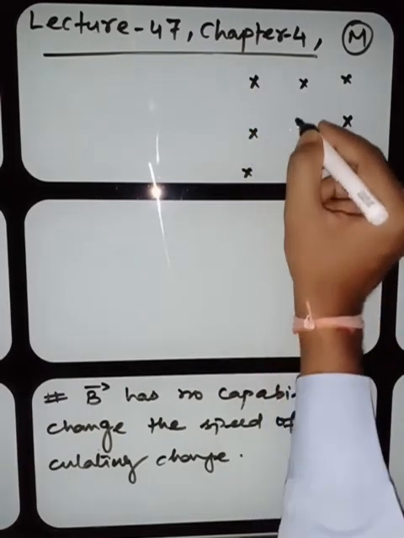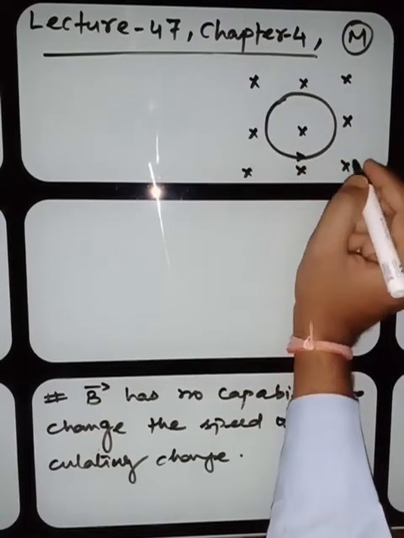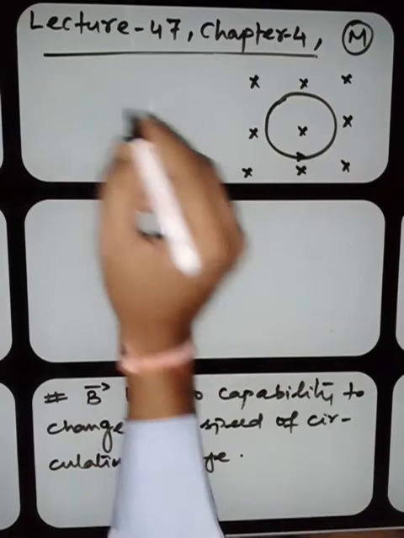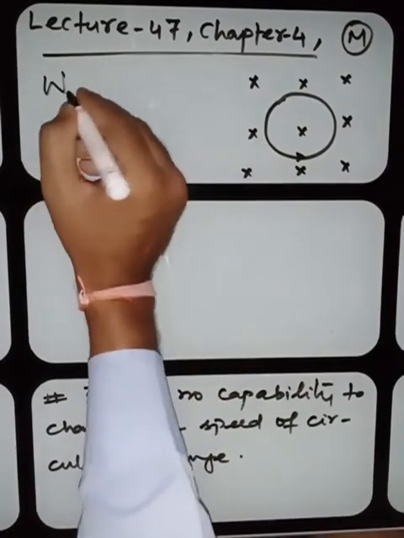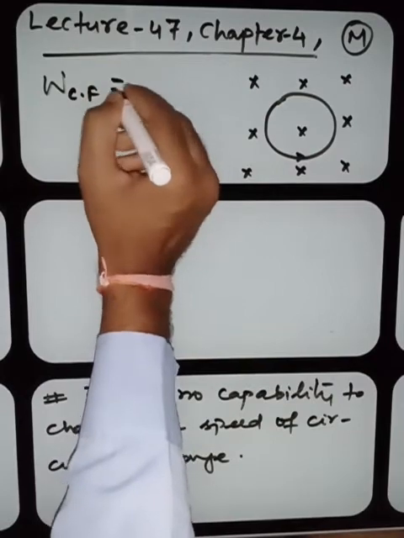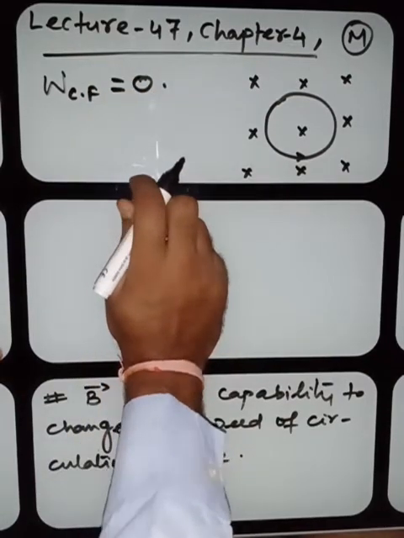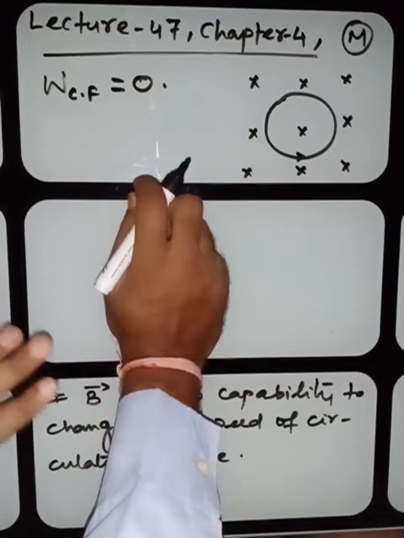Suppose a charged particle is projected inside the magnetic field and it moves on a circular track. In one complete loop, the work done by a conservative force in a round trip must be equal to 0.